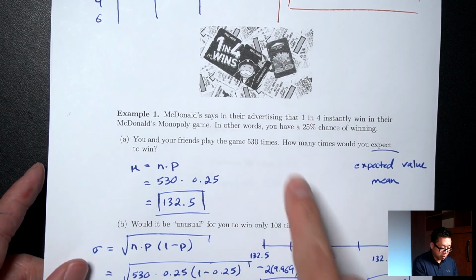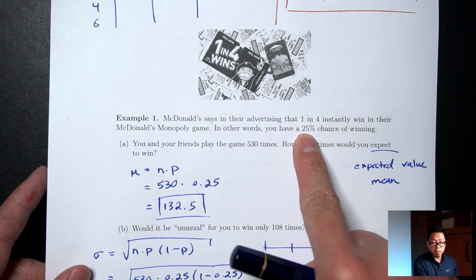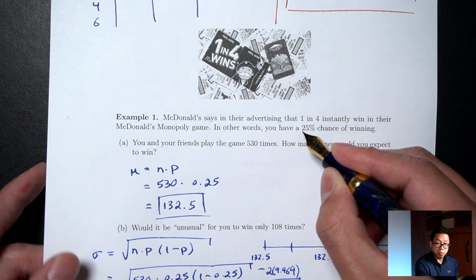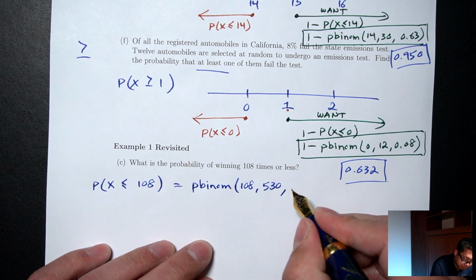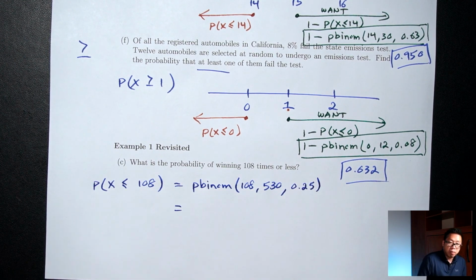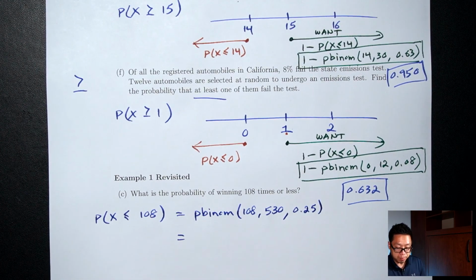McDonald's is saying that the probability of success is 25%, which as a decimal would be 0.25. So in R, p binom, 108, 530, 0.25. Rounded to 3 decimal places, this is 0.007.